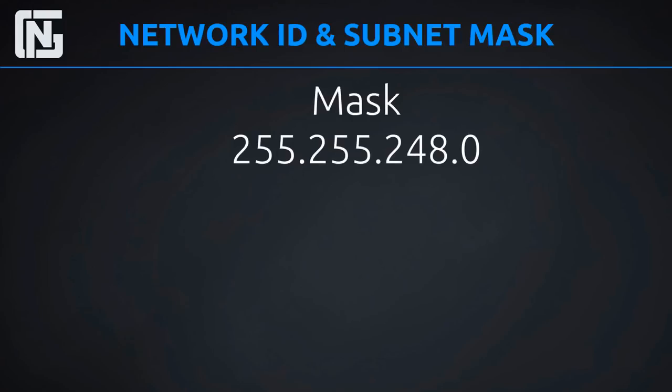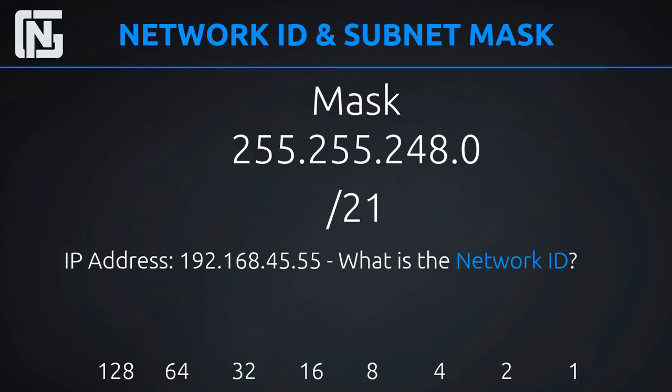So let's look at another example. Here we have the same exact mask, and we have our sweet, super cool chart. Then we have our CIDR notation, and this is all the same as the last exercise, so you know how we figured that out. Now we have a slightly different IP address. It's 192.168.45.55. So what is the network ID?